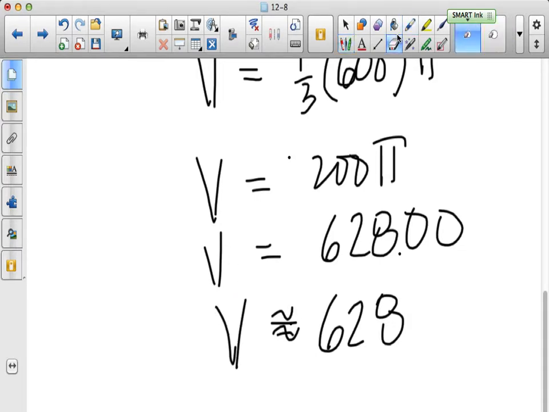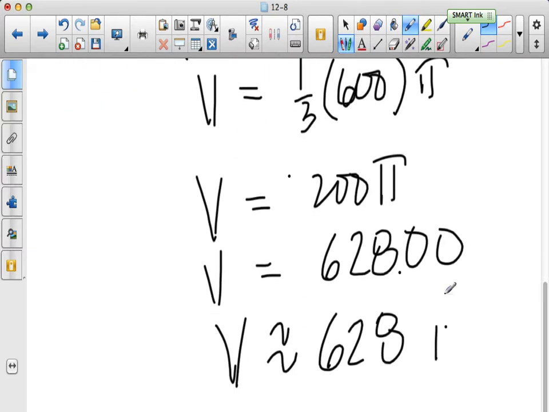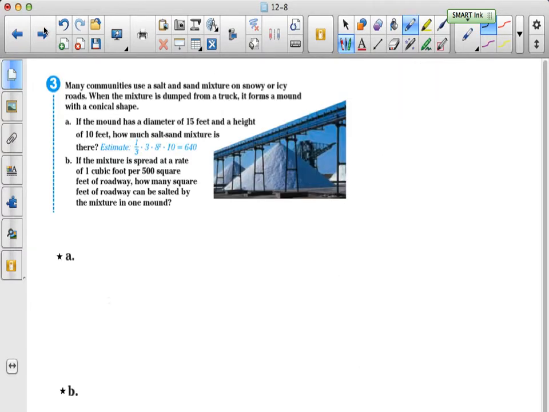The approximate volume of our cone is 628 square inches, or cubic inches, I'm sorry. I did not use pi in the calculator because it's easier for me to solve at this point with 3.14. So the volume of our cone is approximately 628 cubic inches.